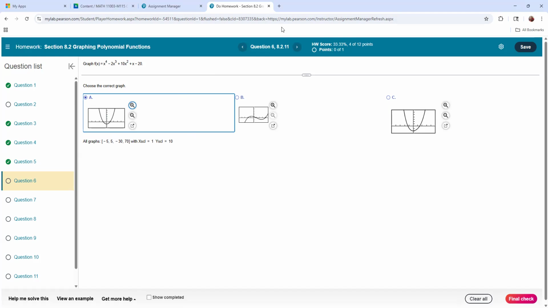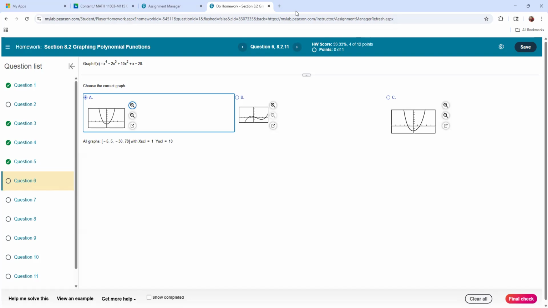They want me to do -5 to 5, -30 to 70, and x scale equals 1, y scale equals 10. So this is basically what it means. Each mark on that is either going to be by ones or tens, okay?